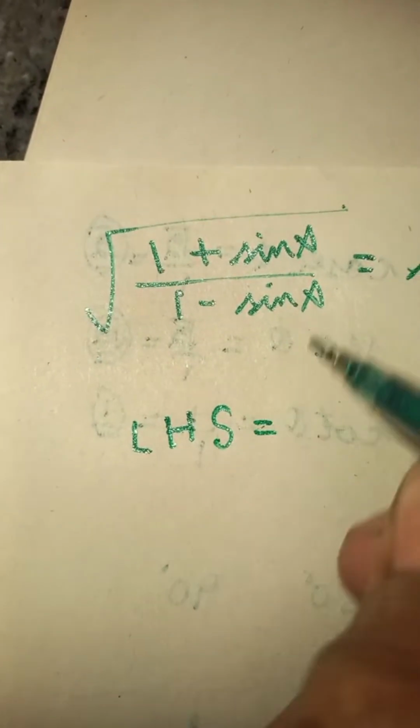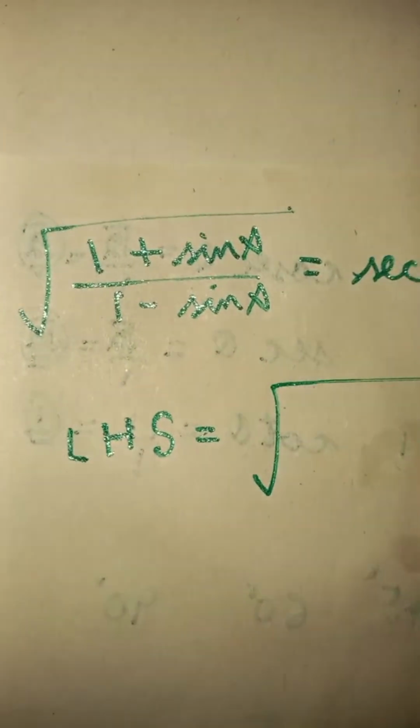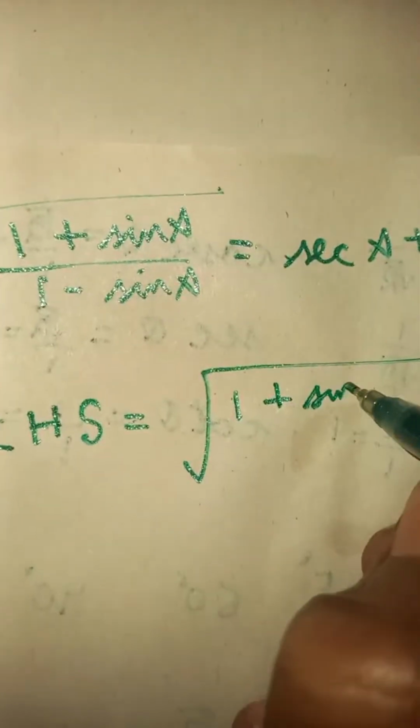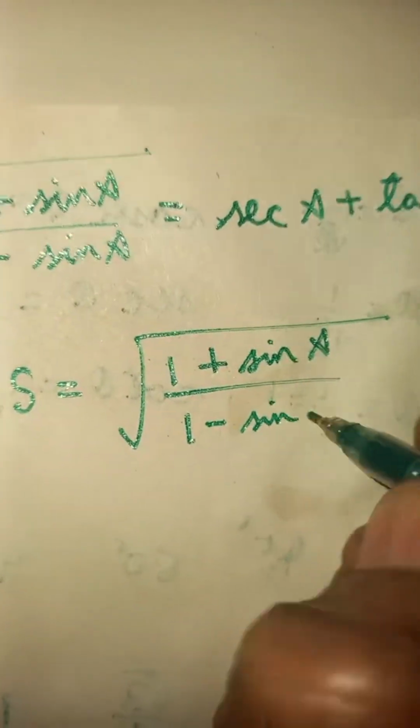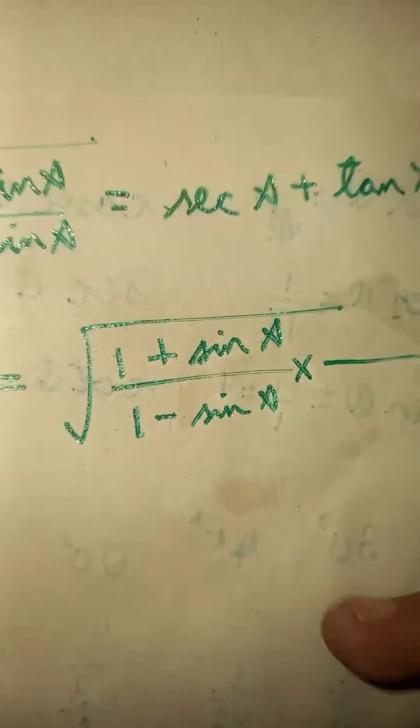You can start by taking LHS, that is the left hand part, 1 plus sin A divided by 1 minus sin A. Now multiply on either side.